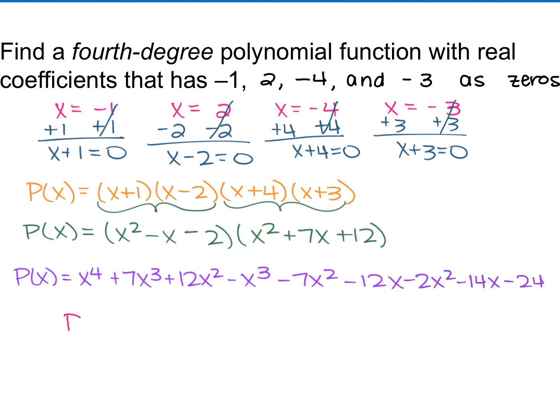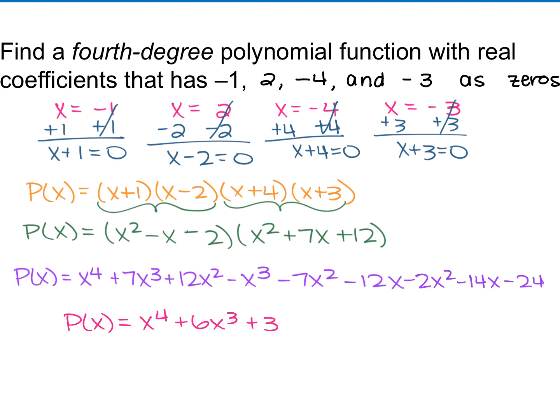So we're going to have p of x is equal to the x to the 4th. It doesn't match with another x to the 4th, so we're going to keep it x to the 4th. We have 7x cubed minus x cubed, which is 6x cubed. So we put plus 6x cubed down. Next, we have 12x squared minus 7x squared minus 2x squared. The 12 minus 2 is 10. 10 minus 7 is 3.